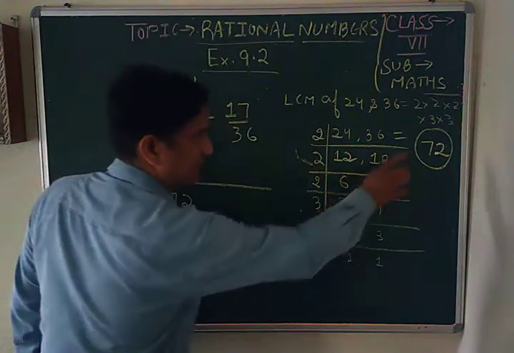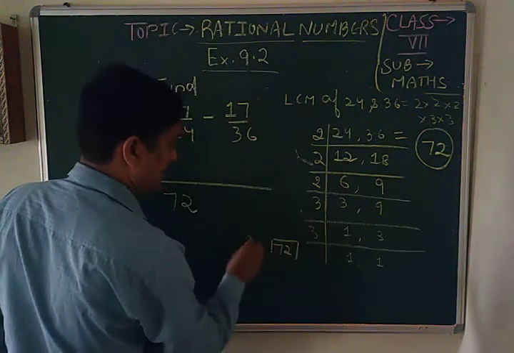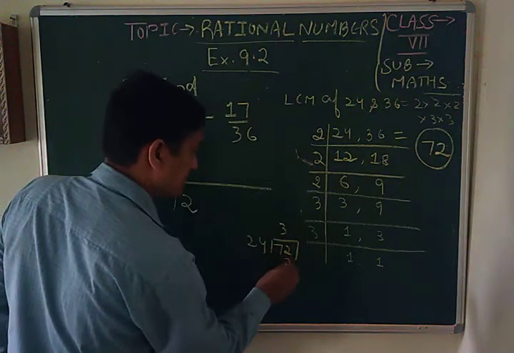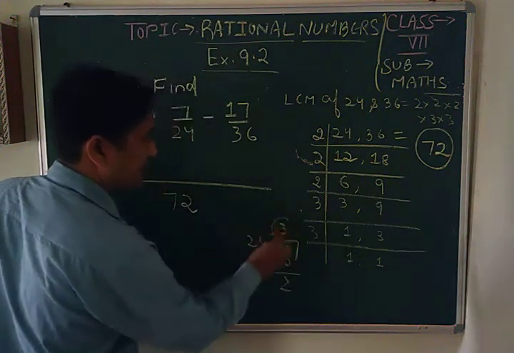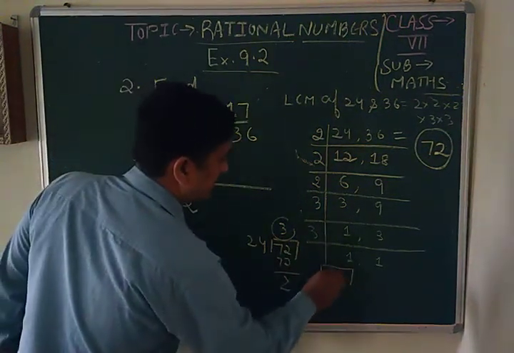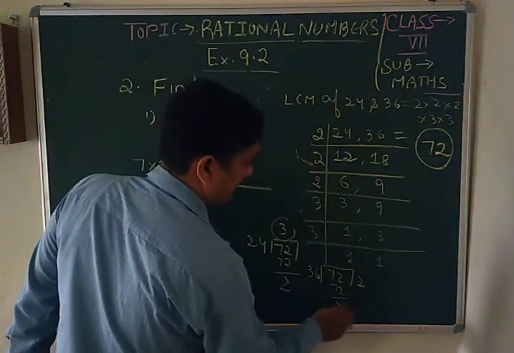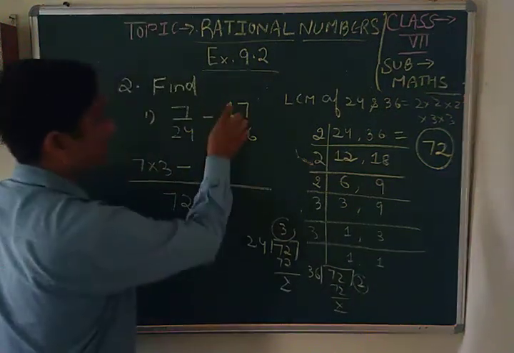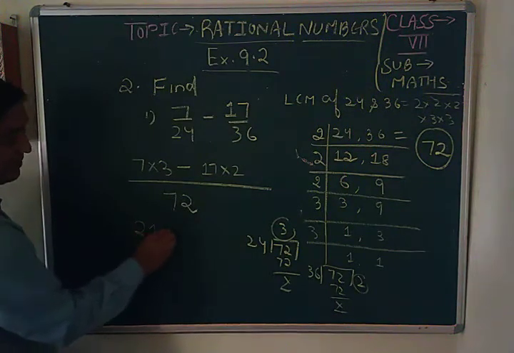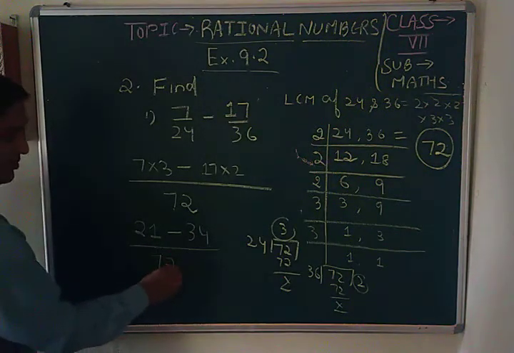Now divide this LCM by 24. 24 3s are 72. Now multiply this 3 by this 7, minus. Now divide this 72 by the second rational number denominator, 36 2s are 72. Now multiply this 2 by this 17. You will get 7 3s are 21 minus 17 2s are 34 upon 72.